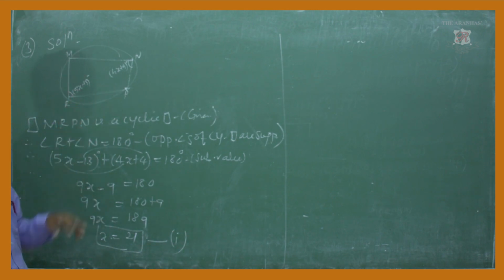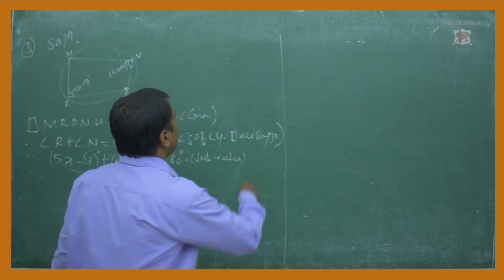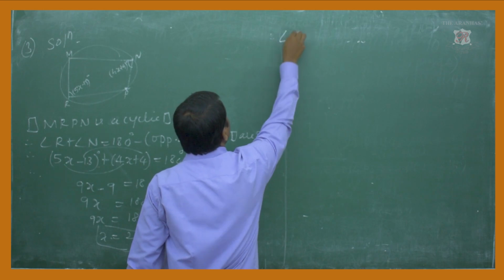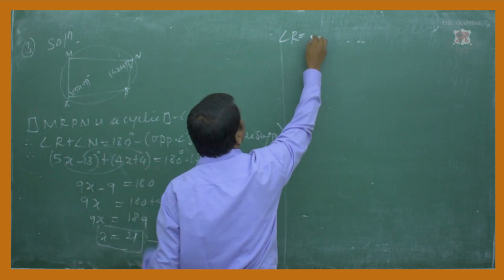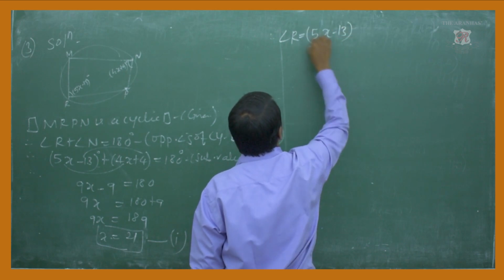Now we will find angle R's measure. It's written, find angle R and N. Therefore angle R equals 5x minus 13 degrees.